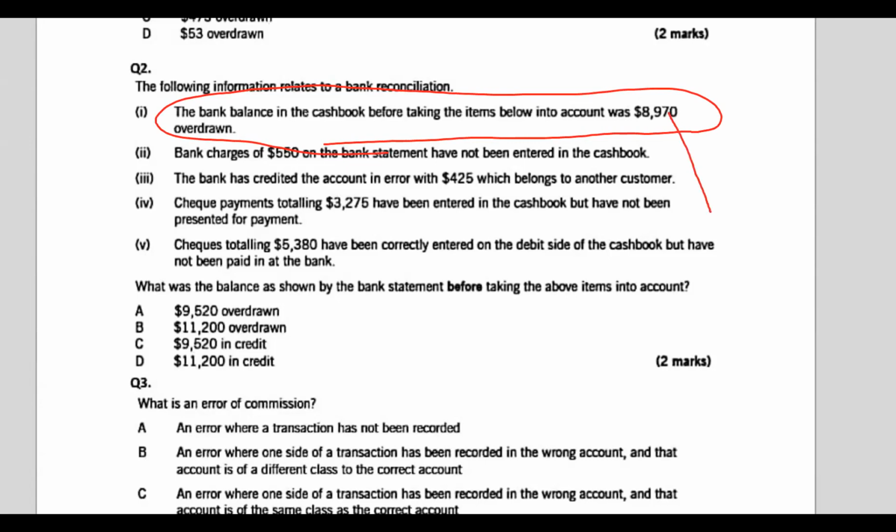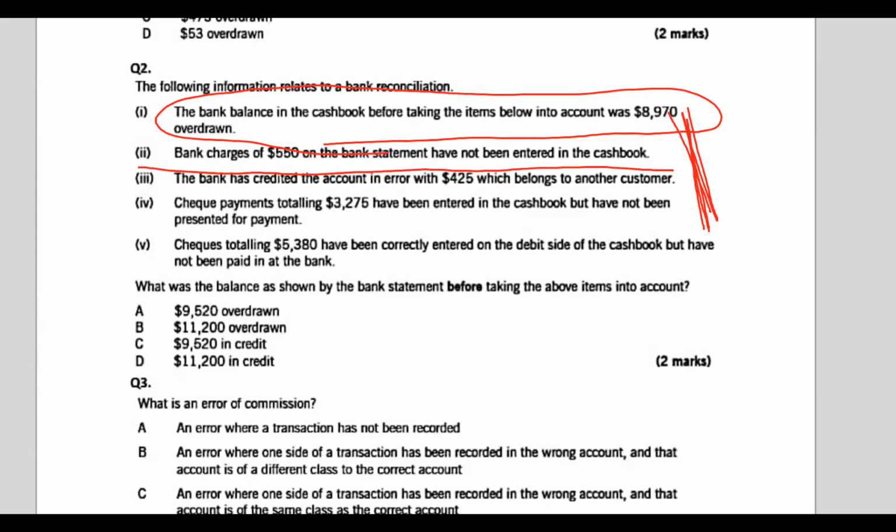We know that the cash book keeps on being adjusted again and again. So this time around they had to adjust the cash book. Last time they had adjusted it, and they have the bank statement.